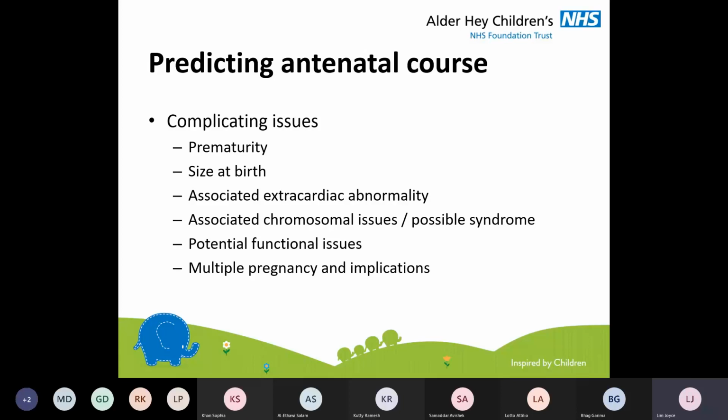So these are the questions that we need to put forward to the parents and discuss with them before they can make an informed decision on what they want. I will talk about this in more detail under the session on counseling and management in the next few talks.